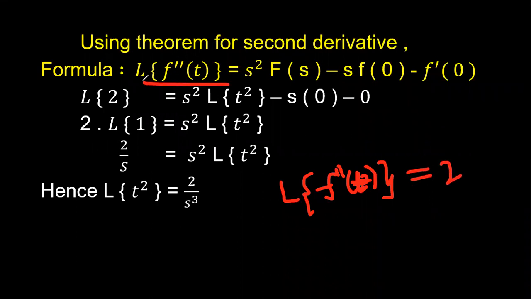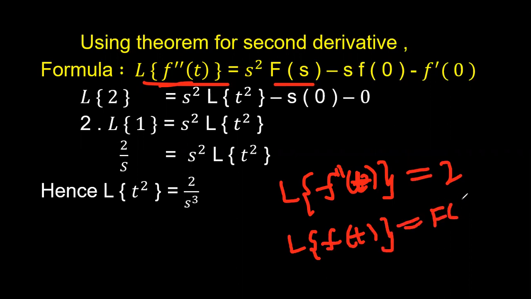So directly you can apply this: Laplace transform of 2 is equal to s square into F of s, and F of s is nothing but the Laplace transform of f of t. So in place of F of s, we have to write the Laplace transform of f of t.